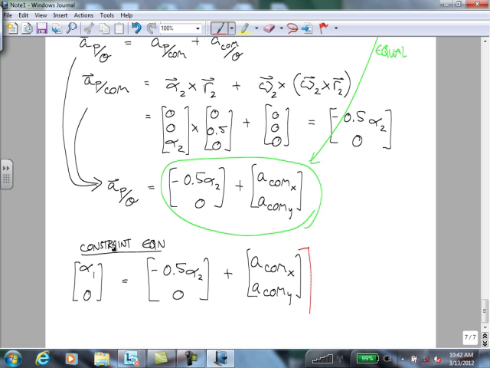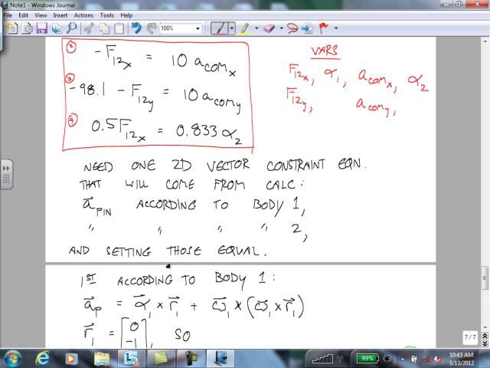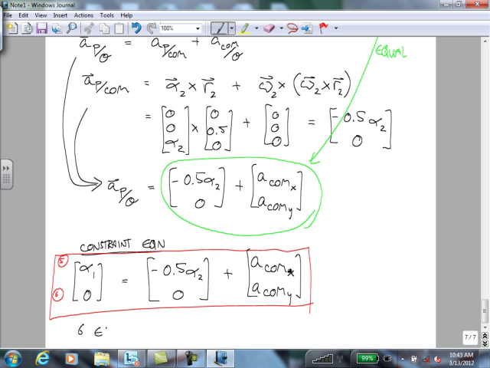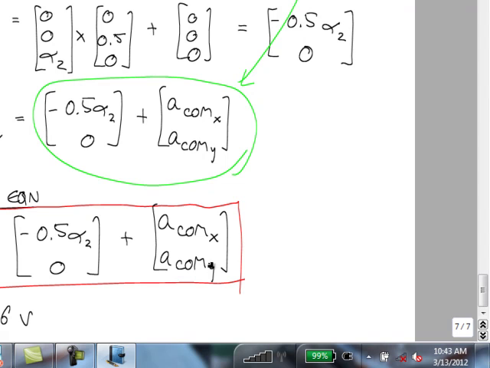We didn't add any new variables. These are all variables that are already in our list. They already appeared here. So now we're done. We have a 6x6 system that we can solve. Yes, it's a vector. So alpha 1 is equal to negative 0.5 alpha 2 plus ACOMX. That's equation 5.